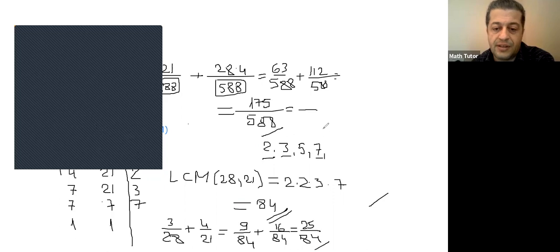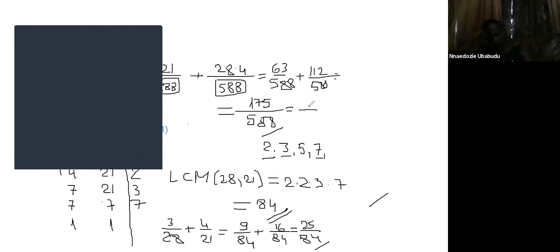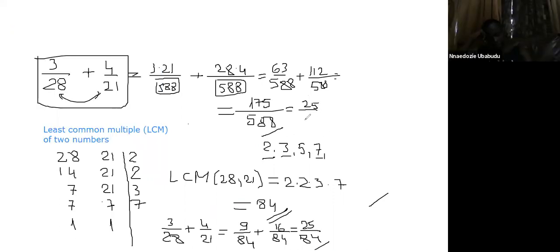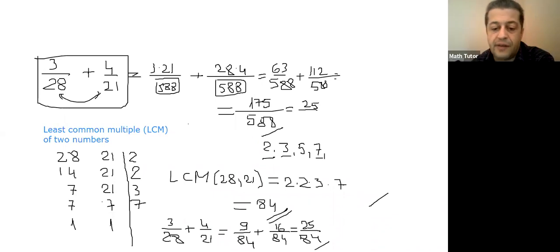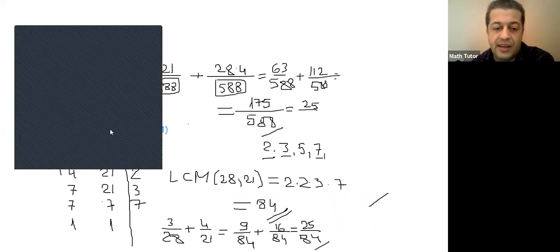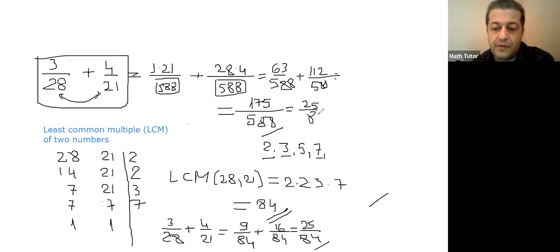The result is 25. Right. And if we divide 588 by 7, the result will be 84. So we have the same result in both cases, only that in the second case, we don't need to do any simplifications as here.